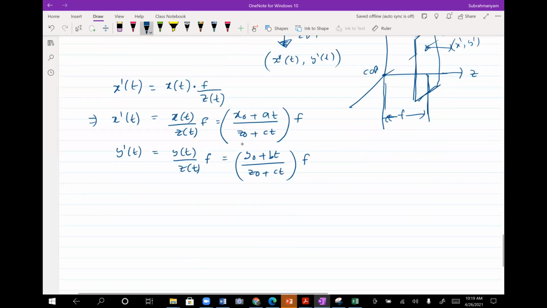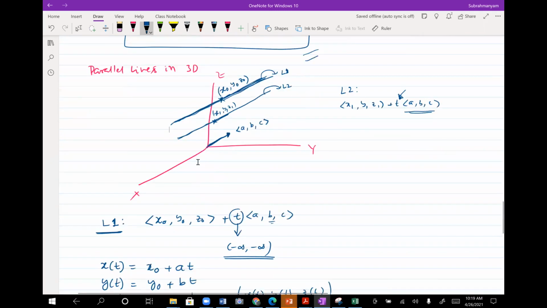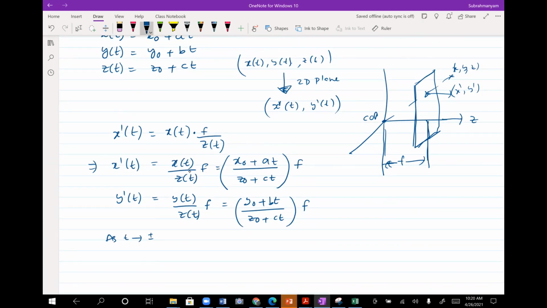Now let's consider a case. As you can see here, this is a parallel line, and I want to see the other extreme. Suppose I want to go to the right side of this x naught, y naught, z naught; you take the right side and the left side along that slope. So what should be the value of t to reach the two extremes of that line? Essentially, t has to tend to plus or minus infinity.